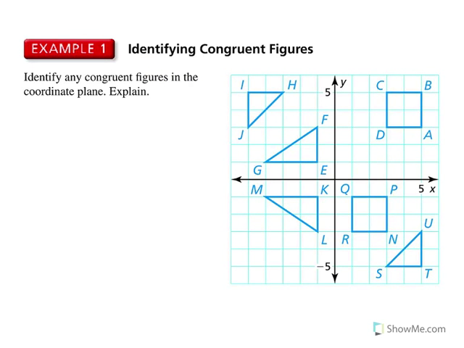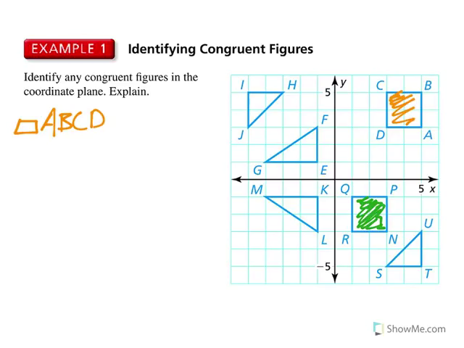So in this example 1, we just want to be able to identify any figures in this picture that are congruent, that are the same size and same shape. So first I'm going to key in on these squares. I have this square of ABCD, and so it is just a quadrilateral ABCD. And then I have this other one down here as well of NPQR.